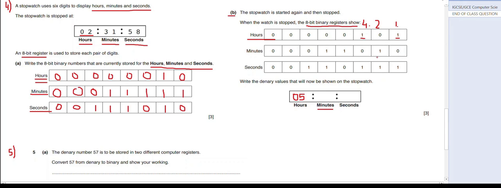For minutes, we have this, this, and this. Add the corresponding headings, so you will get 26. For seconds, we have 1, 2, 3, 4, 5 ones. Add their corresponding headings and you will get 55. So this is the new time, 5:26:55.